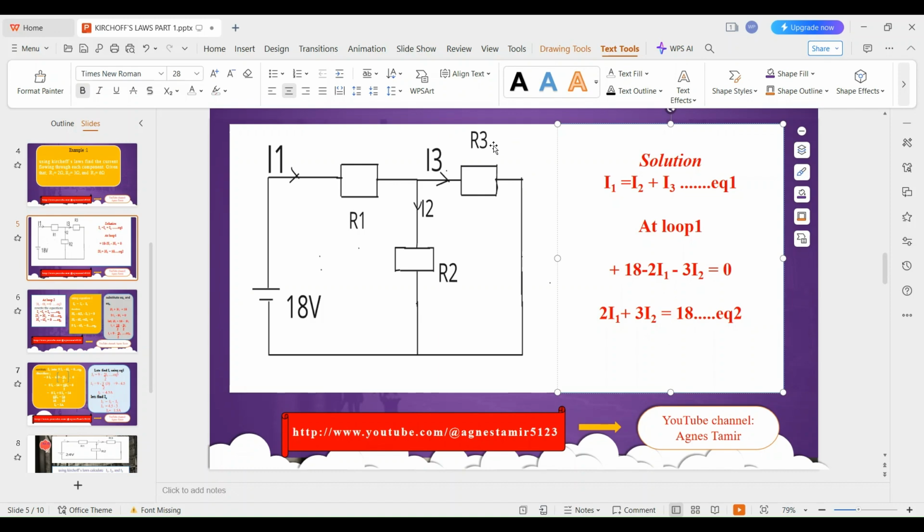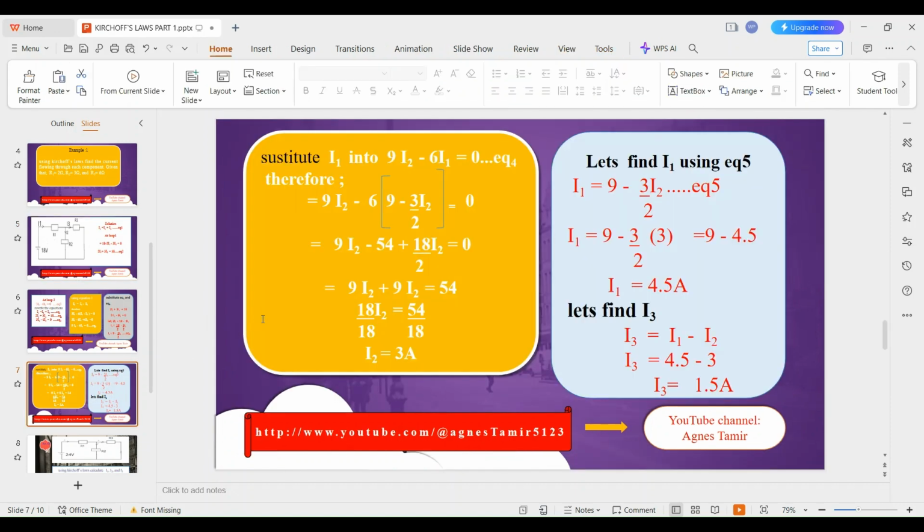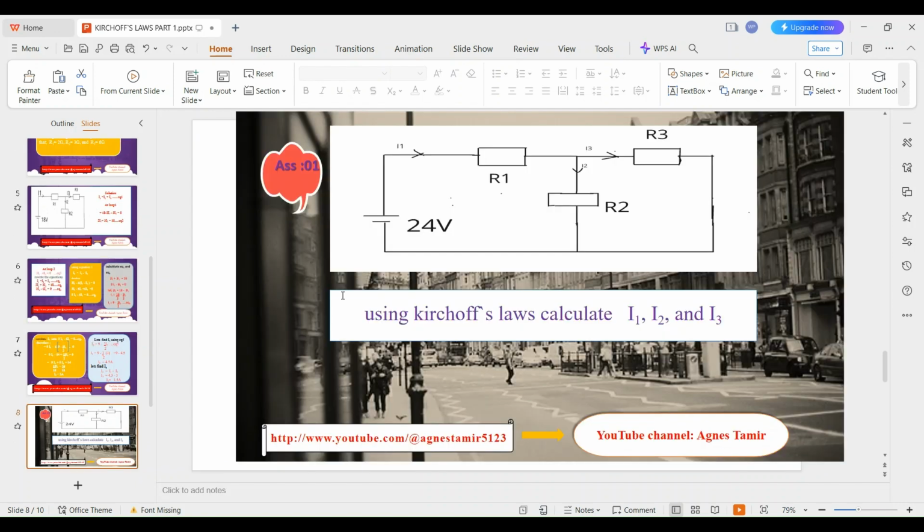So 3 multiplied by 3 minus 1.5 multiplied by 6, you should get 0. That is what I'm getting. It means it's correct. You can prove it at your own time, but that is the end of our example number 1.